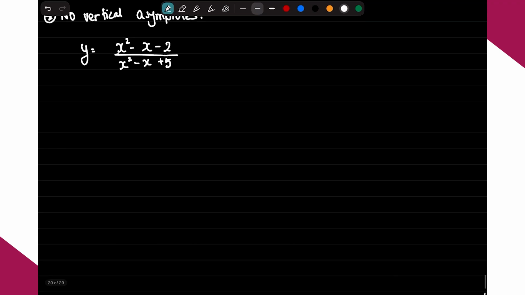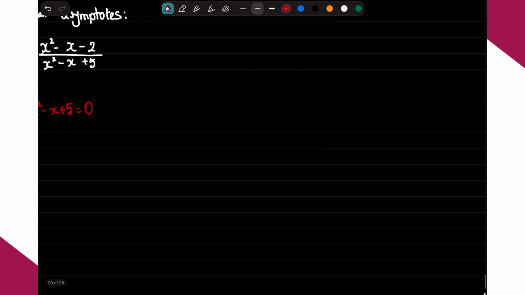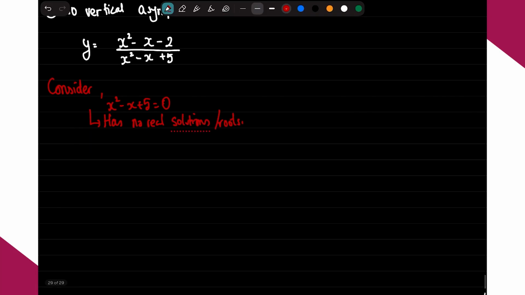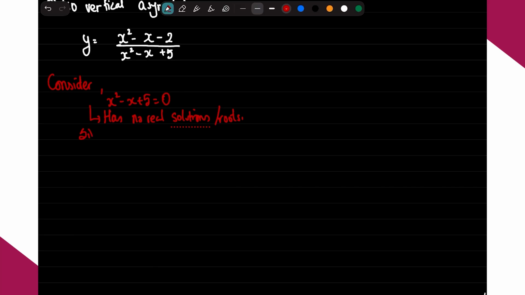Now notice that if we consider x squared minus x plus 5 equal to 0, this function right here has no real solutions, or what you could say is roots. So in this case, since x squared minus x plus 5 is not equal to 0, there are no vertical asymptotes.